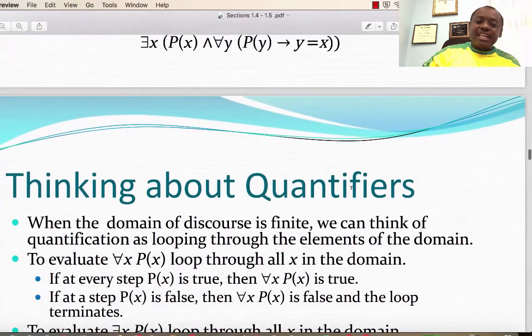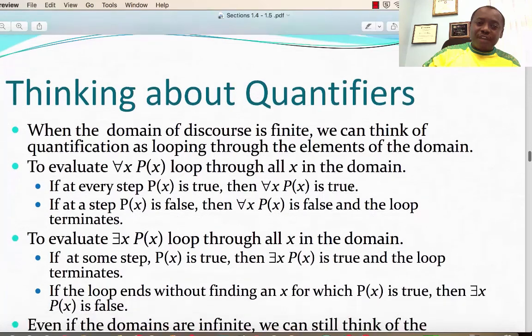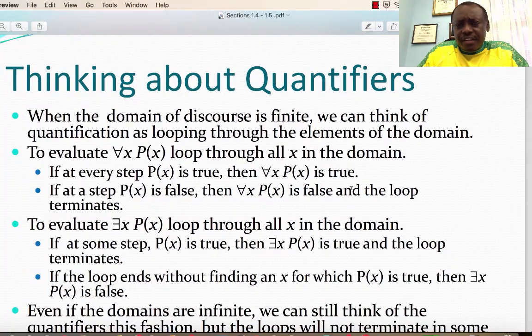Okay, let's think a little bit about quantifiers. When the domain of discourse is finite, we can think of quantification as looping through the elements of the domain. Say my set A has elements 1, 2, 3, 4, 5, or the set of students in my Math 160 class. That's a finite set.